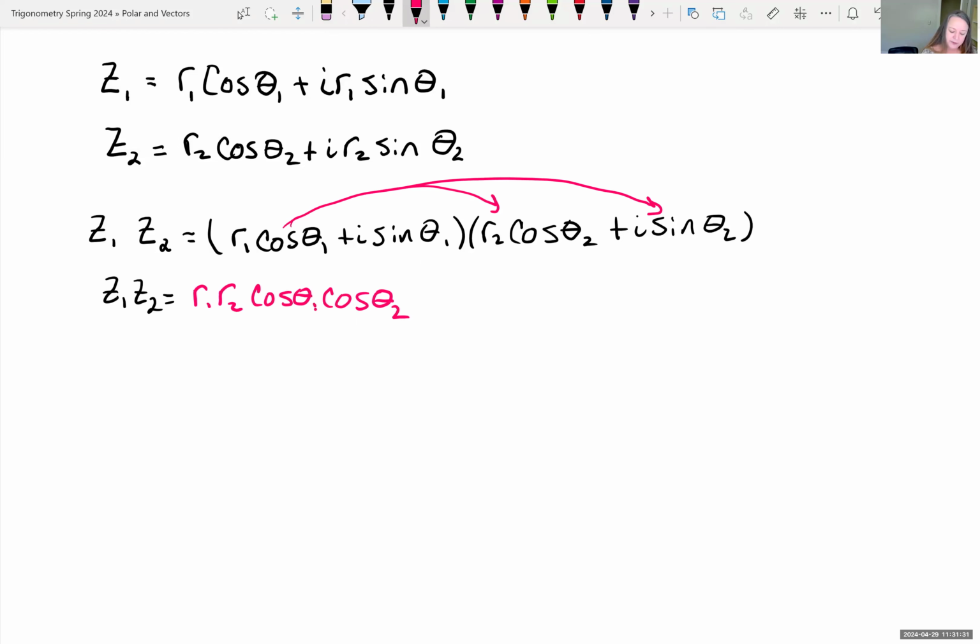Then distributing to the second piece, we get plus i r sub 1 r sub 2 cosine theta sub 1 sine theta sub 2.